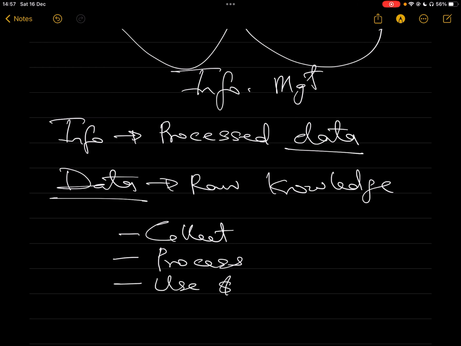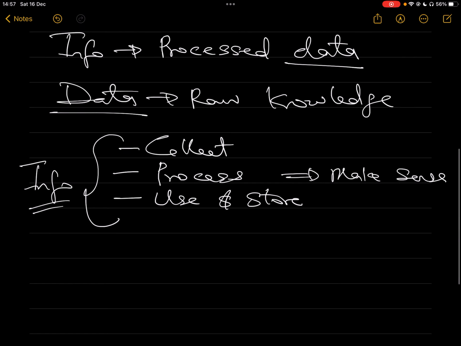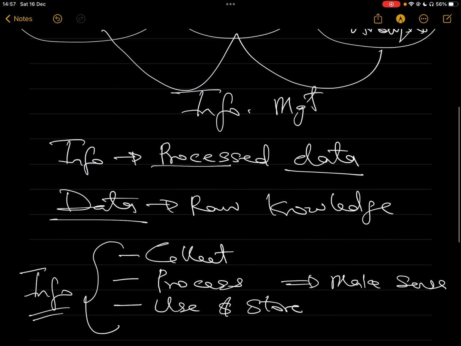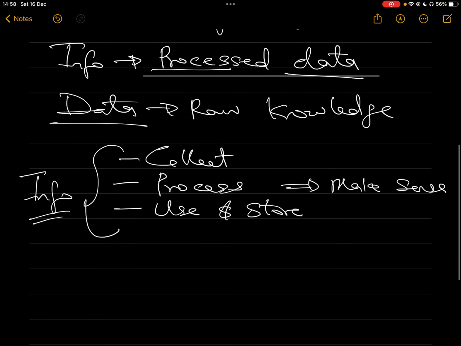So use and store whatever you want to do with it. But now, after you have processed them, they make sense. And when you do all of this, your end product is information. So information is called processed data. That is the meaning of information.